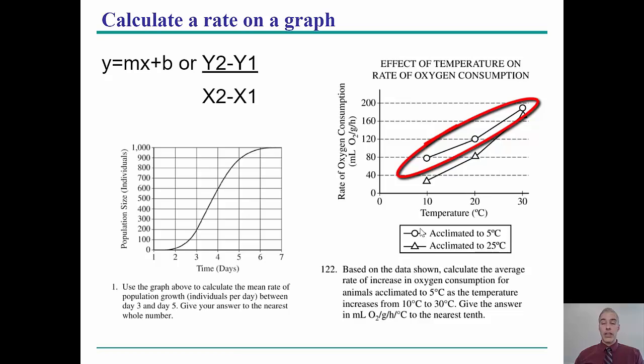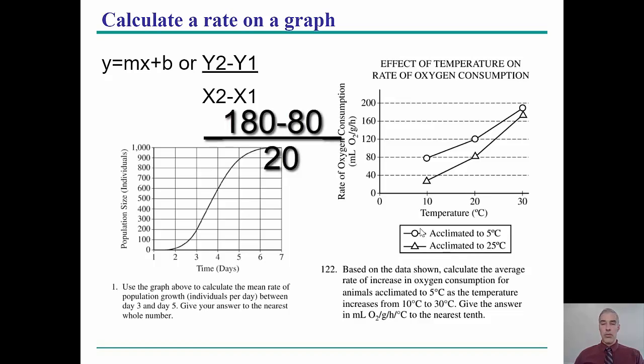So 10 to 30, that's going to be our change in x. So we're going to put 20 in the denominator. And then the numerator, we're going to do that difference, which in this case looks about, again, 180 approximately minus 80. That ends up giving you 100 divided by 20. And if you do that, you get 5.